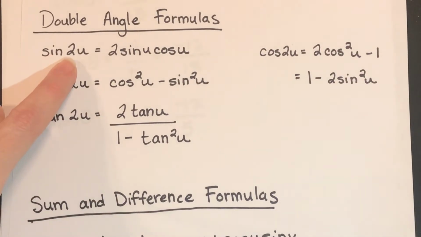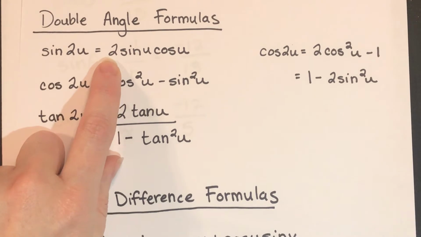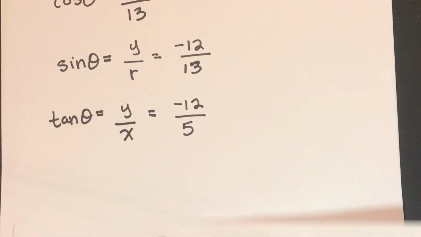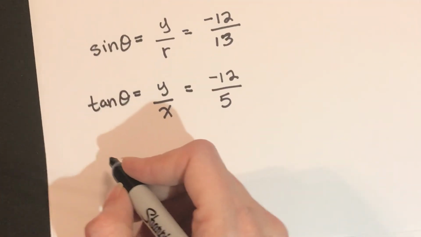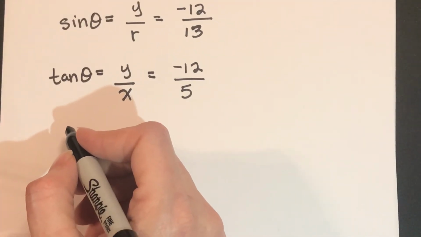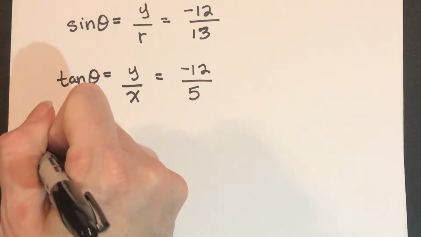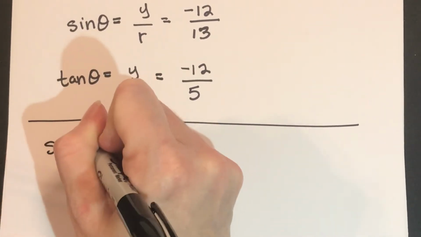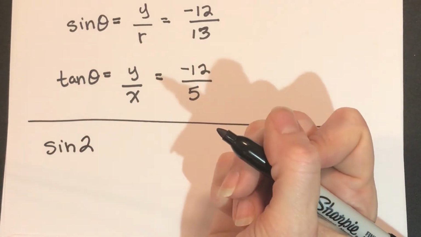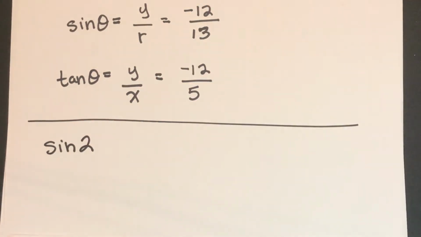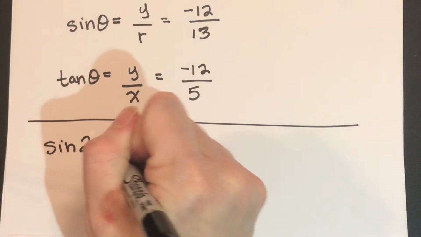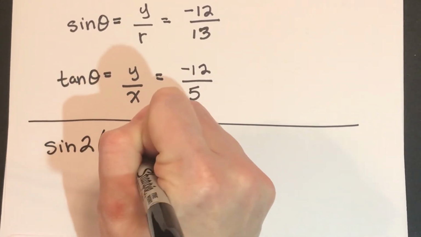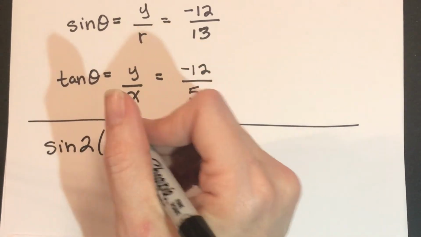The sine of a double angle is 2 times the sine of the angle times the cosine of the angle.